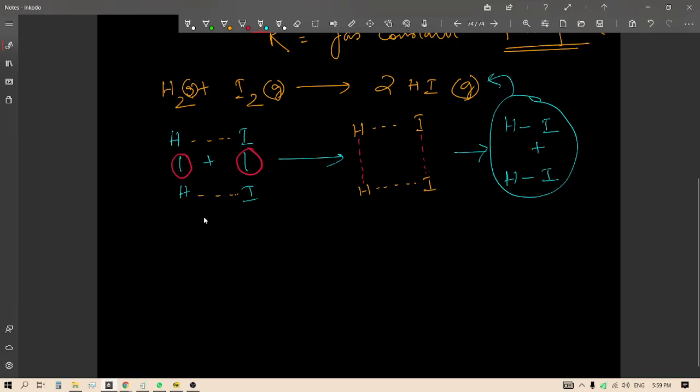Let that be reactant B. Then you close the beaker and shake it. So what basically happens between the molecules of A and B? The molecules of A collide with the molecules of B as well as molecules of A. So basically there is a process of collision between the reactant molecules.